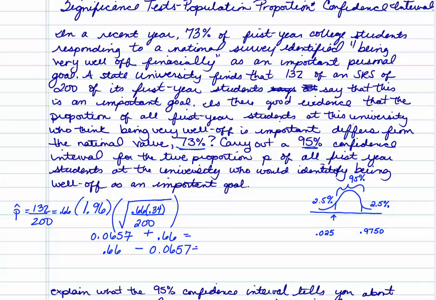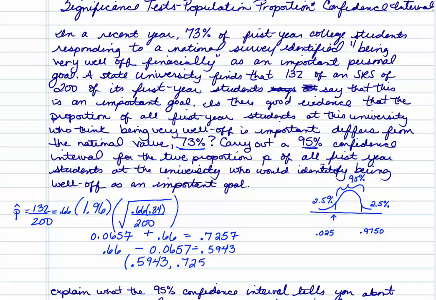And this is going to give us our confidence interval, a range from 0.5943 to 0.7257. We're 95% confident the true proportion would lie within.